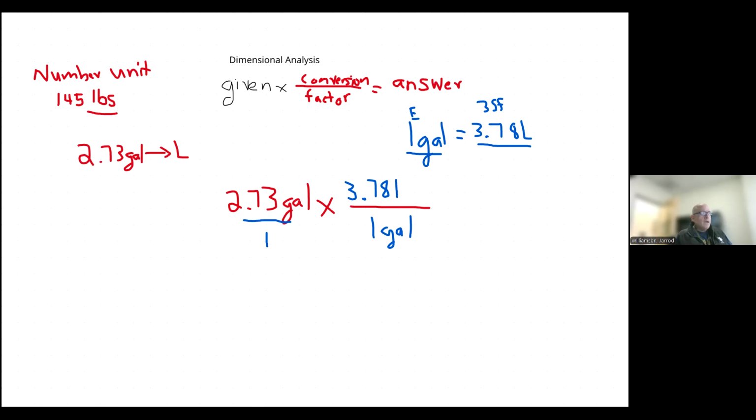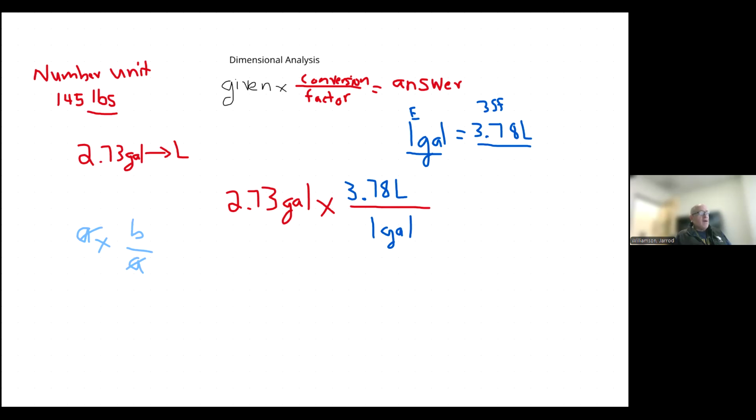Okay. Now I'm going to erase this. Now, when I multiply these, remember, kind of like in algebra, if I have A times B over A, the A's cancel out, right?